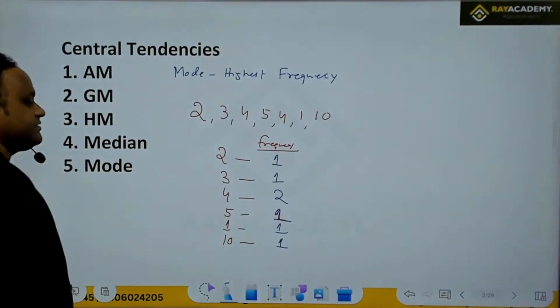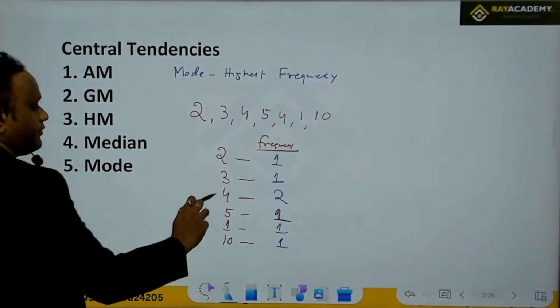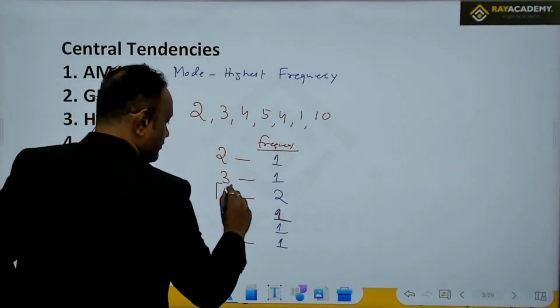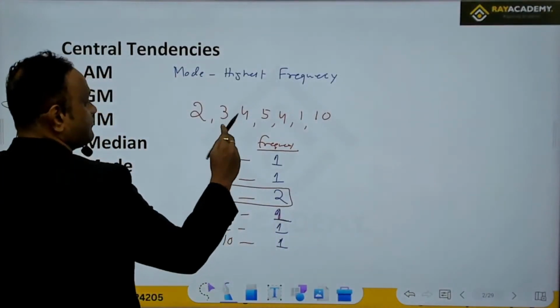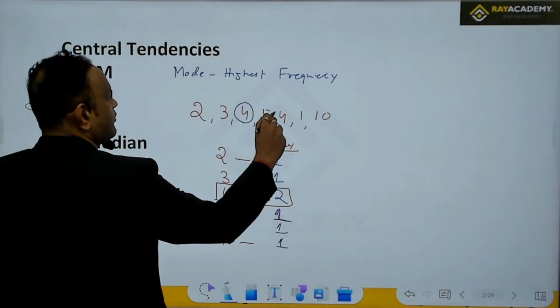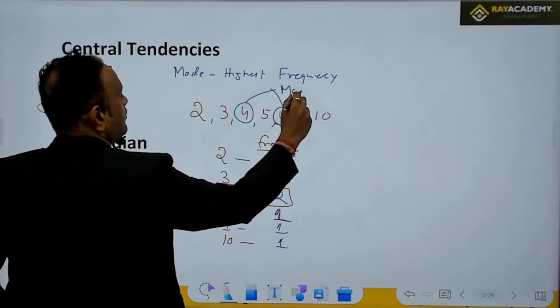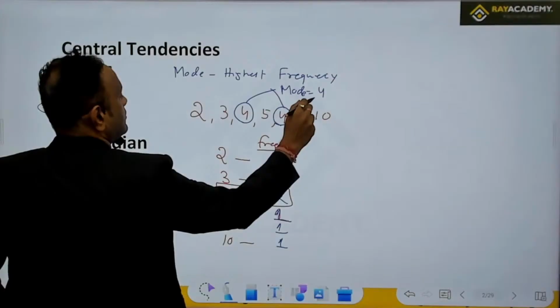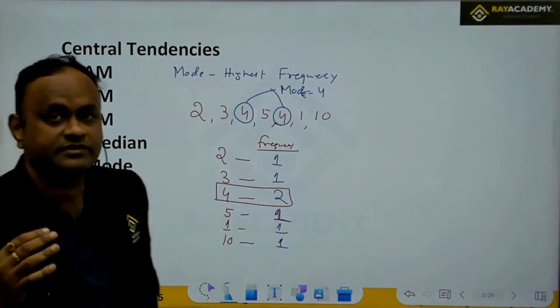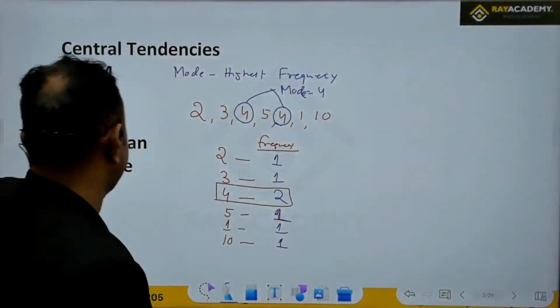So from there you can see that 4 appears the maximum number of times. So the mode of this data set is 4. Mode equal to 4. Whichever number has the highest frequency, that is the mode, the maximum times.